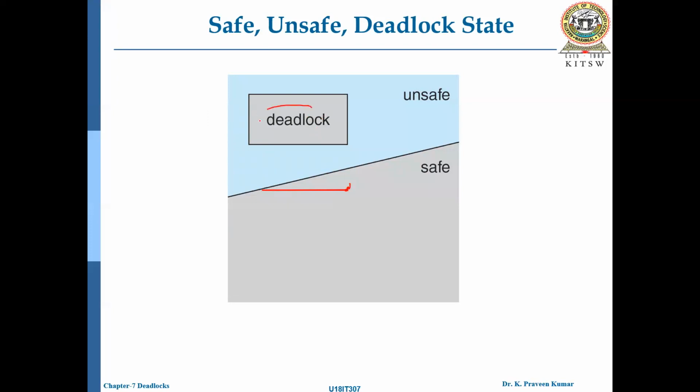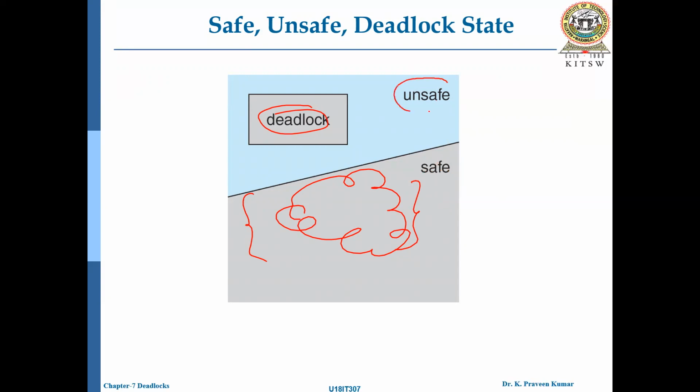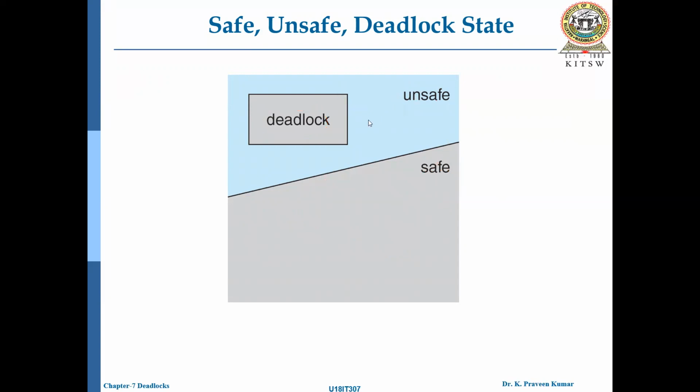This is the deadlock state, and this is the completely safe state. When your system is inside the safe state, it cannot enter into deadlock. When the system is in an unsafe state, there may be a chance it leads to deadlock, but not all unsafe states are deadlock states. That we have to remember.